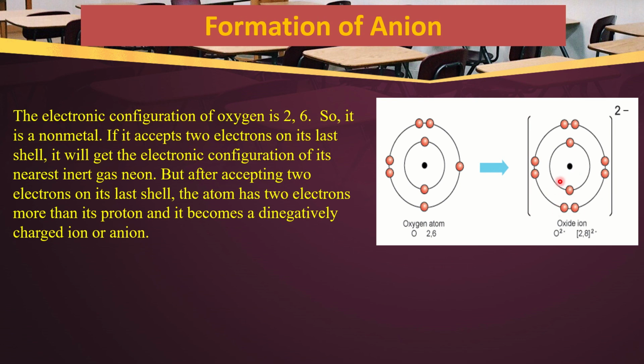Oxygen plus 2 electrons gives oxygen minus 2. If a non-metal accepts 3 electrons, then it will become minus 3.